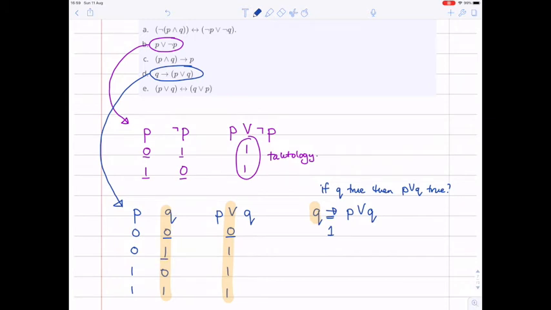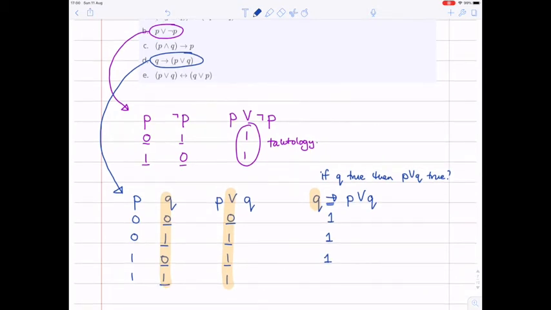If both the condition and the conclusion are true, then the statement is true. If the condition isn't met, but the conclusion is met, the statement is still true. And finally, we have the same line again. If condition and conclusion are both met, then the statement is true. So here we have a tautology.